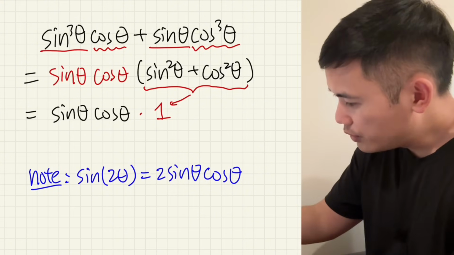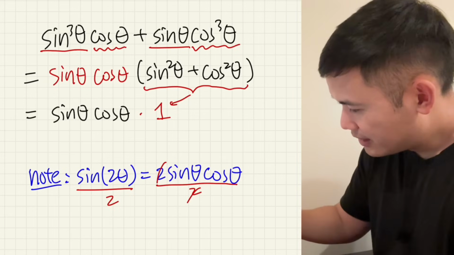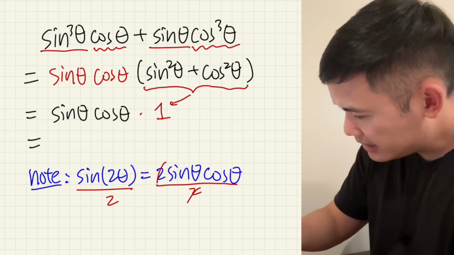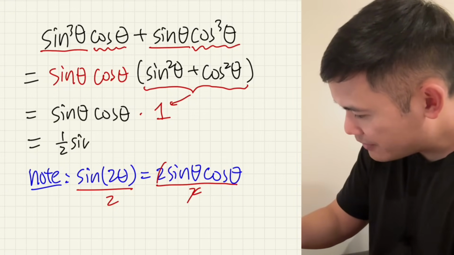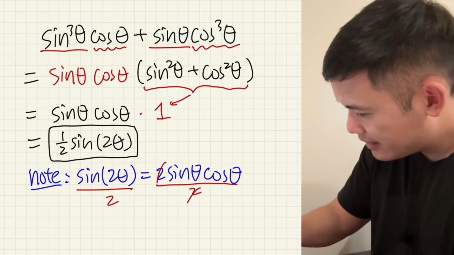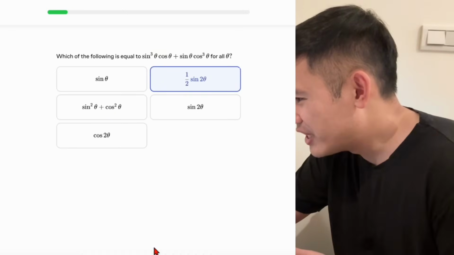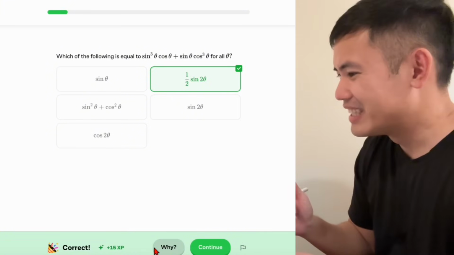So from here, if you divide both sides by 2, we can see that this is just equal to 1/2 sine of 2 theta. And that must be the answer right here. Check the answer. We got this right.